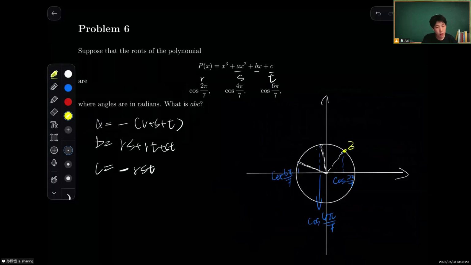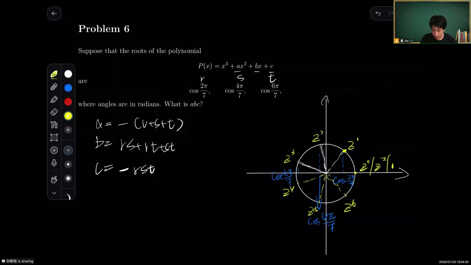Since we are considering roots of unity, let's fill in all 7 roots of unity. This is the first. We'll denote it as Z1, and this is Z2, Z3, Z4, Z5, or even here you can write it as Z0 or Z7 or simply 1. Anything works.